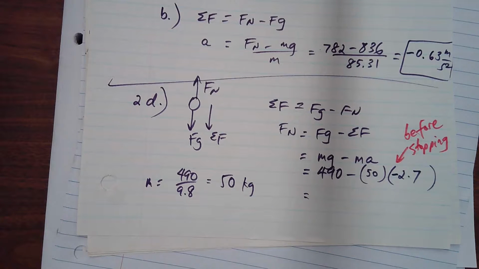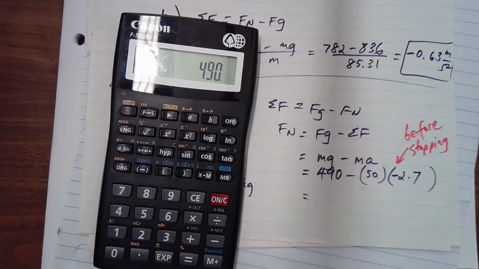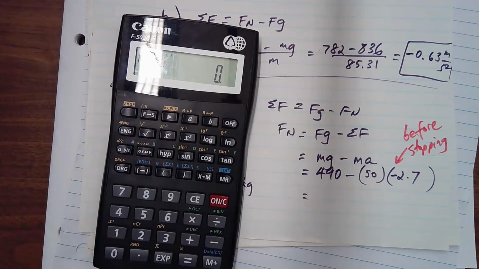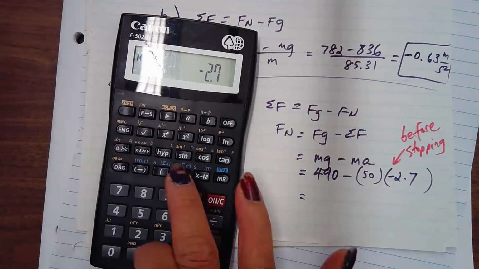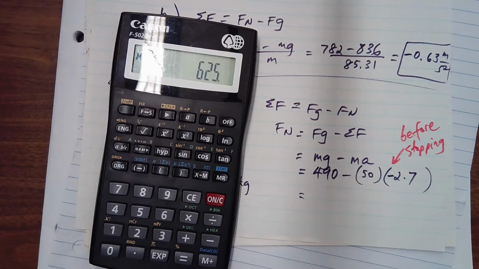So 490 minus, brackets, 50 times negative 2.7, is 625.